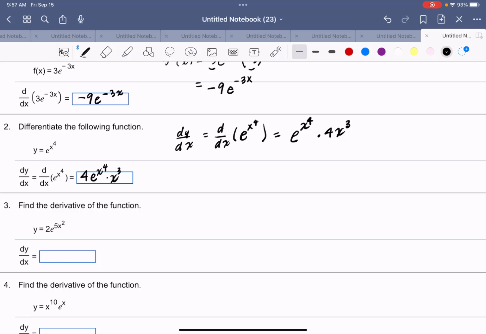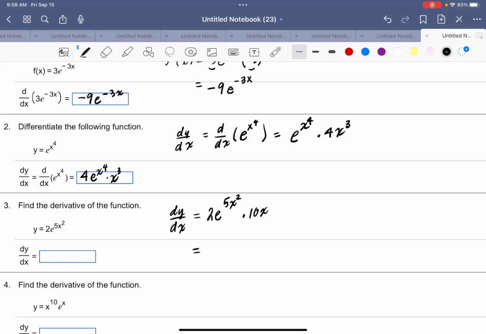Example number 3. Find the derivative of the function y equals 2e to the 5x squared. So when we take our derivative of the exponential function with the base of e, we copy the function in its entirety, 2e to the 5x squared. Then since our exponent can be differentiated, we multiply times 10x.